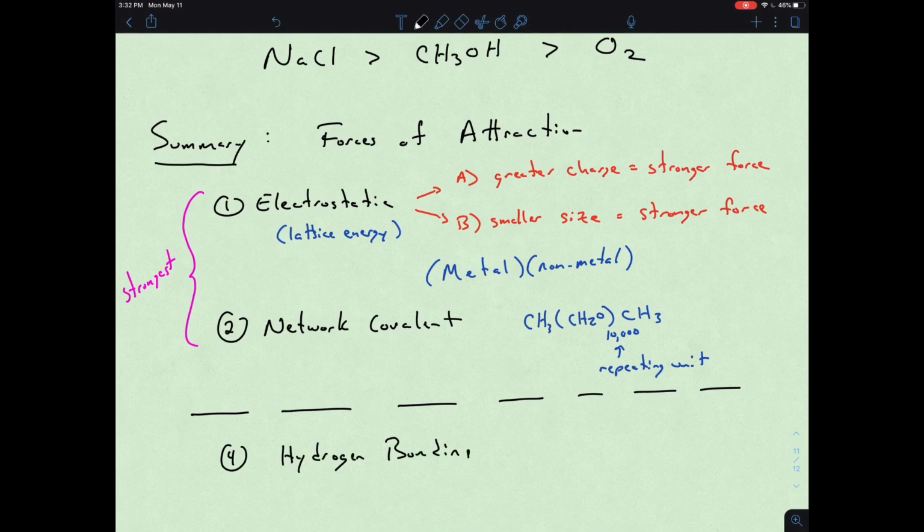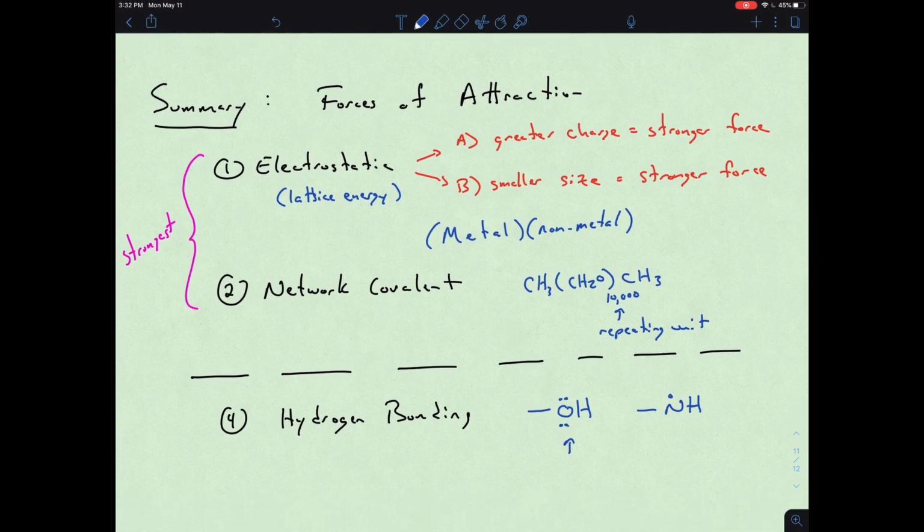And with hydrogen bonding, remember we're looking for this idea of having an OH or an NH within the molecule. These being substructures within.